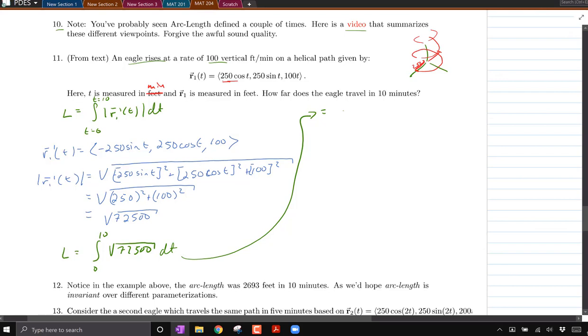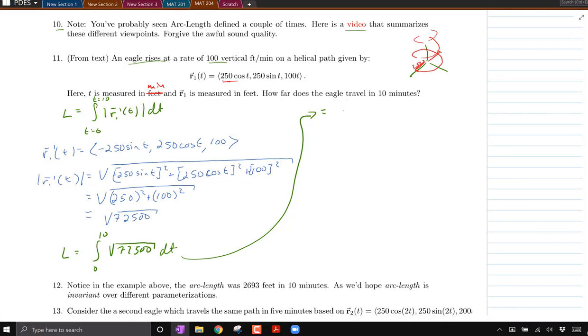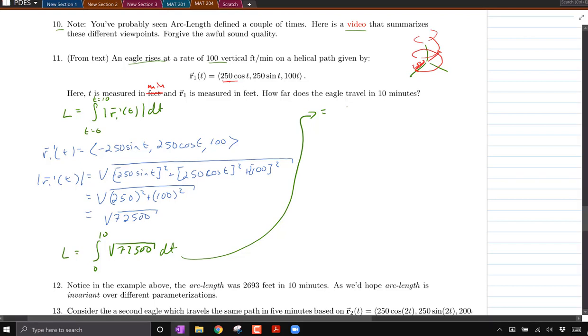We'll just get a decimal approximation of the total length. Notice we're just taking the integral of a constant in this case. That's really nice. So that's the square root of 72500 times t evaluated from 0 to 10, and we end up with 10 times the square root of 72500.